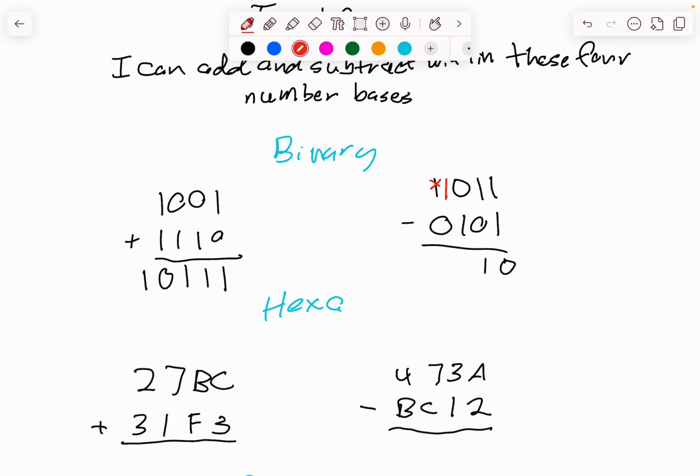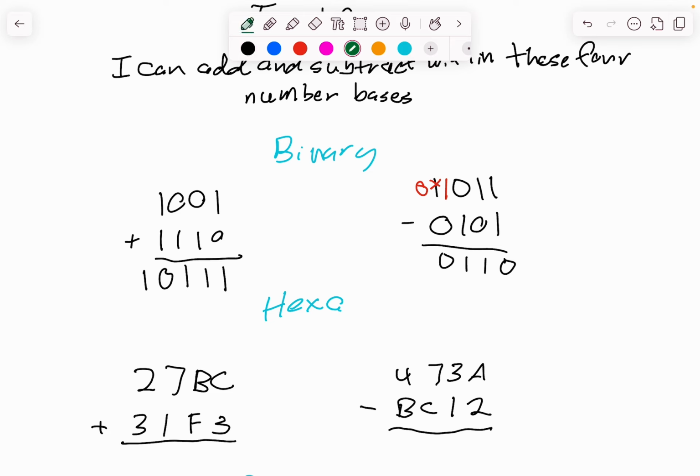So we're making it 2 minus 1, which is 1, and then that 1 turns into a 0. Then 0 minus 0 is 0.